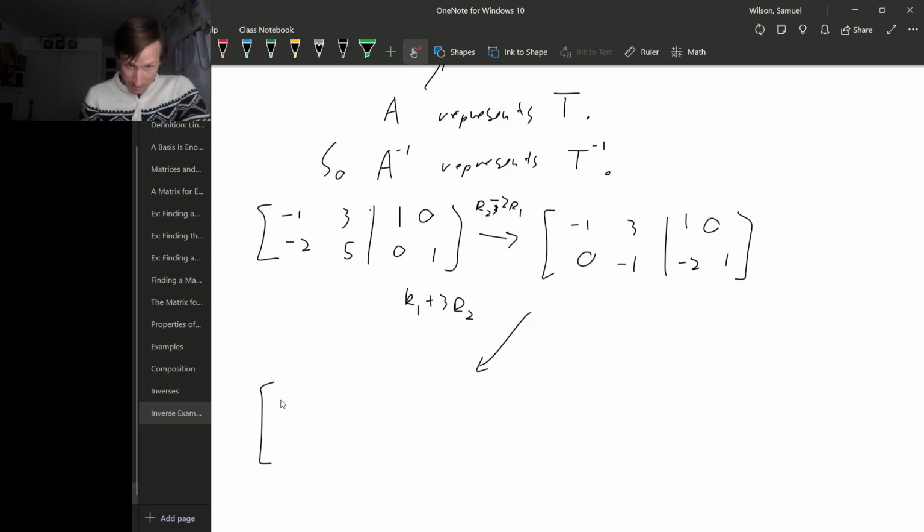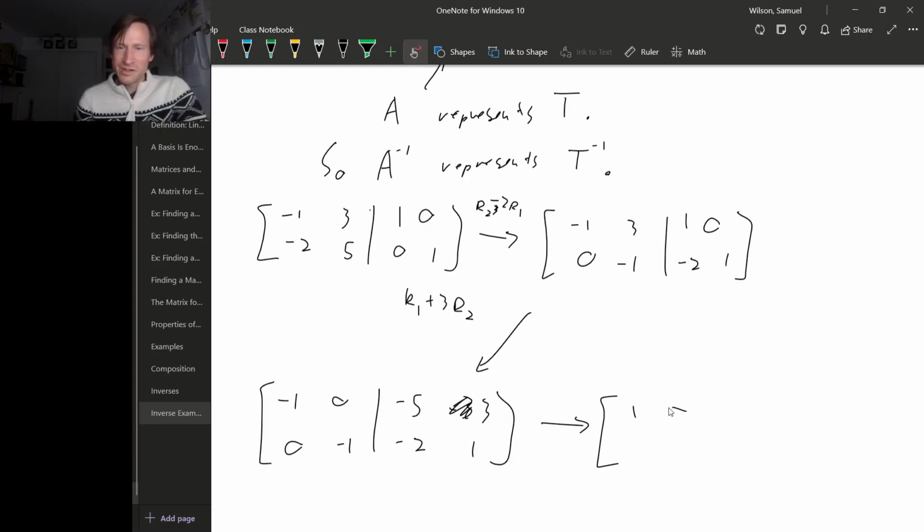So that's going to give me -1, 0. Let's see, this plus 3 times that, -5. 3, -3, sorry. No, plus 3. And then 0, -1, -2, 1. And then I just need to switch the signs on the rows. So 1, 0, 5, -3, 0, 1, 2, -1.